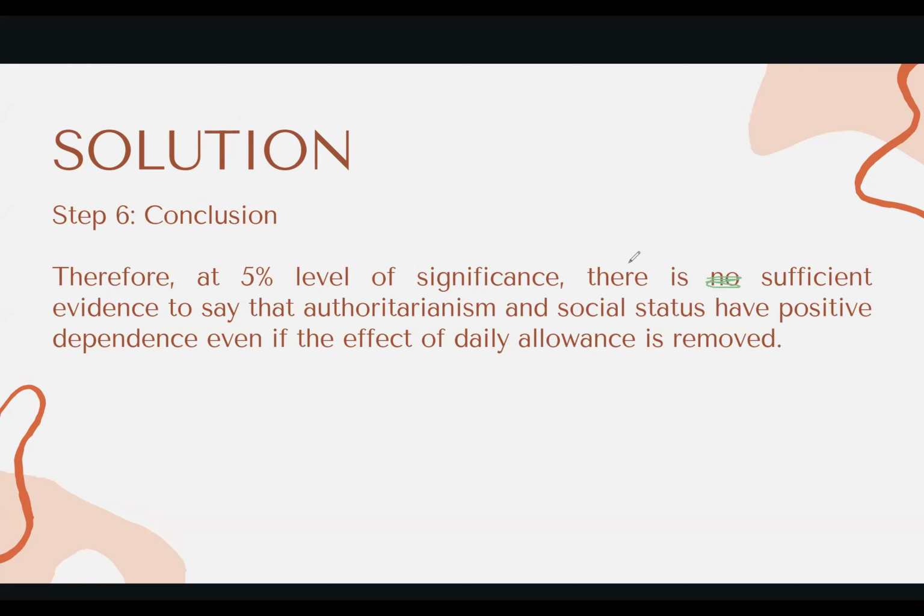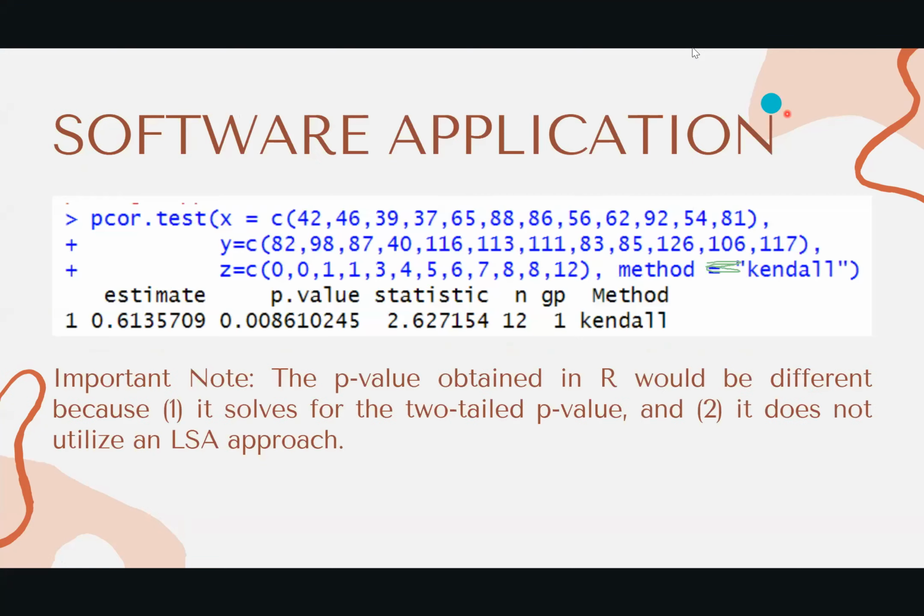Next slide. Yan. So pag sa software application, makikita natin na yung p-value ay iba. It is because it solves for the two-tailed p-value and it does not utilize an LSA approach. So yung p-value na nakuha natin kanina, we expect it to be less than 0.005.